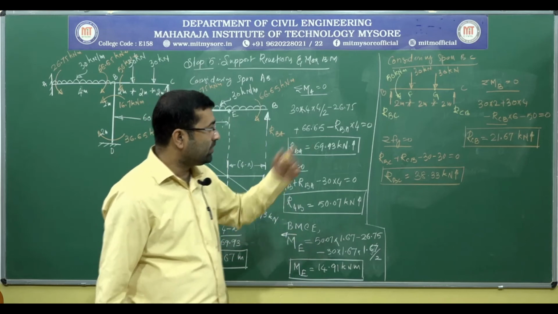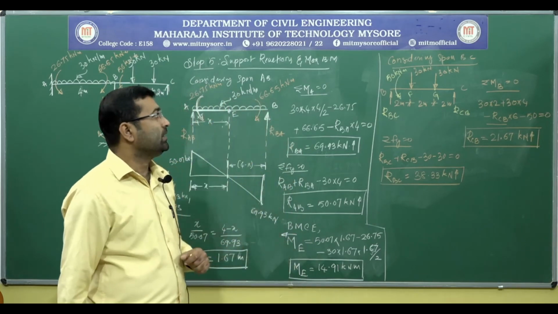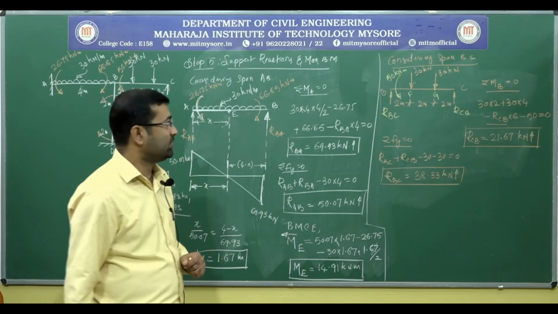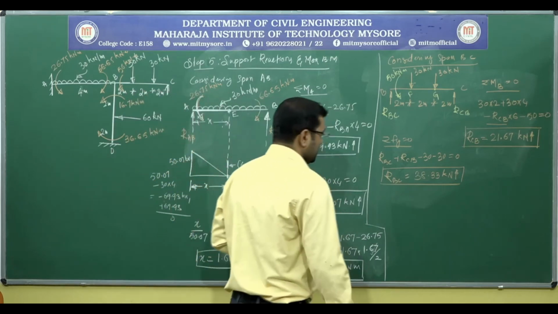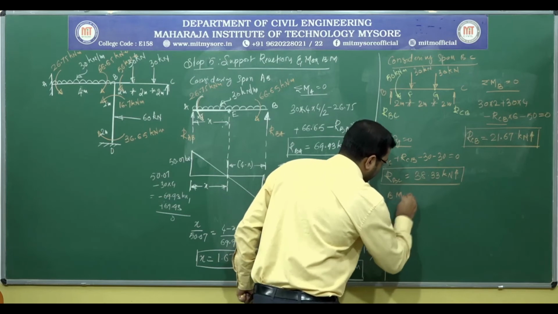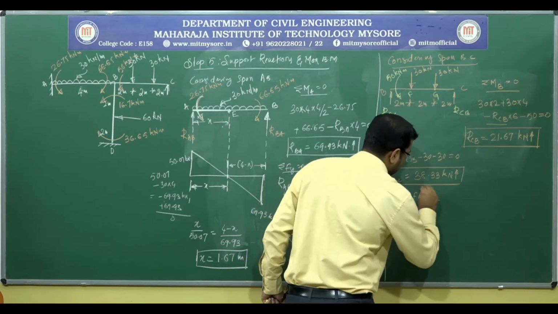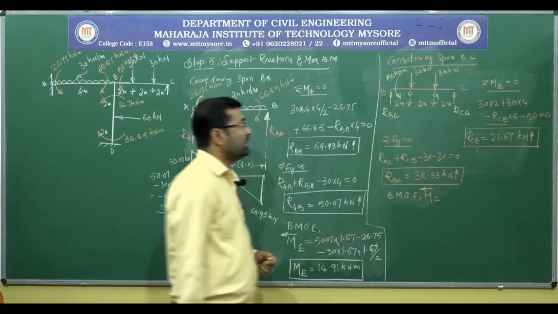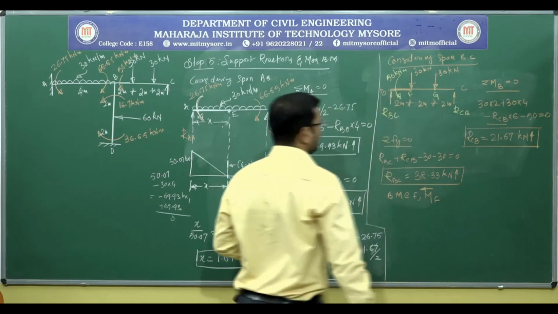Now with the help of these support reactions, we need to work out the bending moment under the concentrated loads, that is at point F and also at point G. Now bending moment at F, that is MF is equals to, so here to calculate MF I am going to consider the left portion. So I am going to consider this portion of the beam.